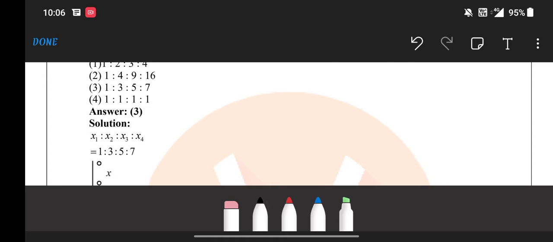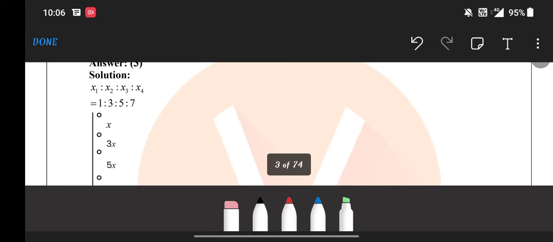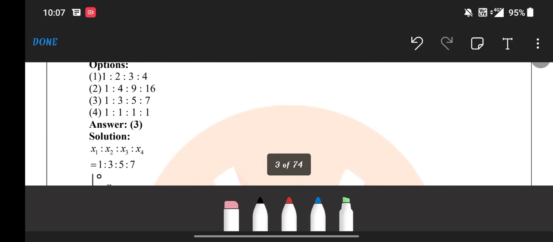So x1 will be 1x, that is 1. x2, let it be 3x. x3 will be 5x, and x4 will be 7x. So if we remove x, we'll get 1 is to 3 is to 5 is to 7. So therefore option 3 is the correct answer for question number 5.